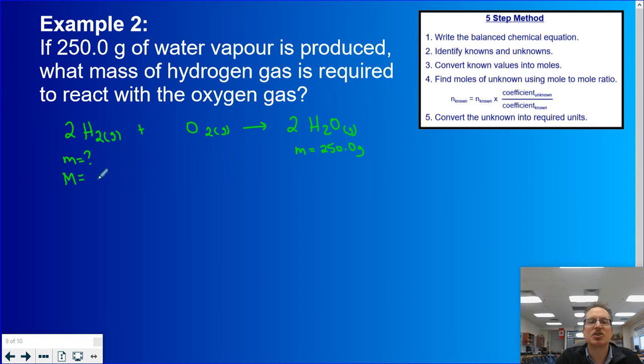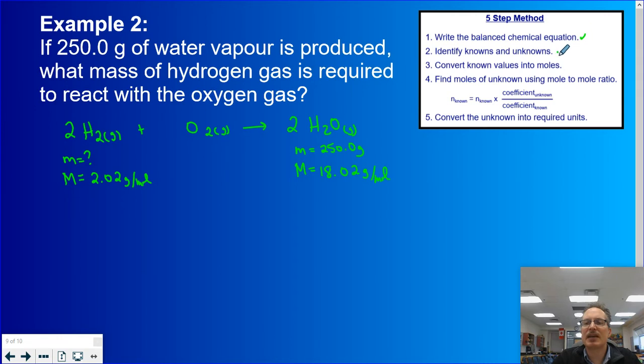Since it's H2, we're going to have 2 hydrogens, so my molar mass is going to be 2.02 grams per mole. Again, for water, we have 1.01 plus 1.01 plus 16, so the molar mass of water is 18.02 grams per mole.